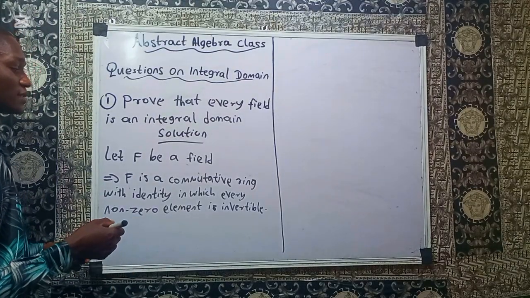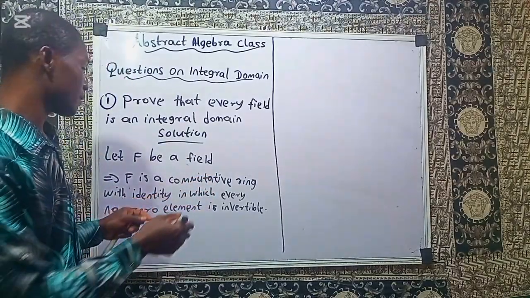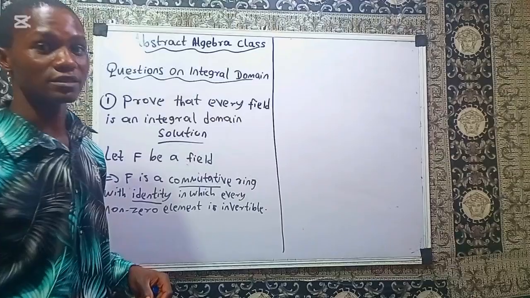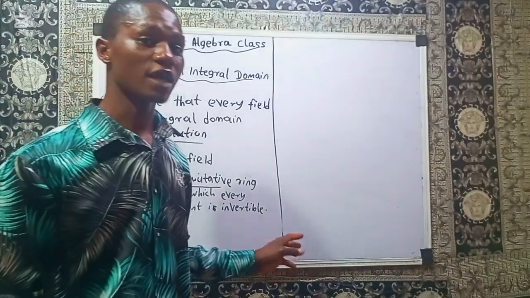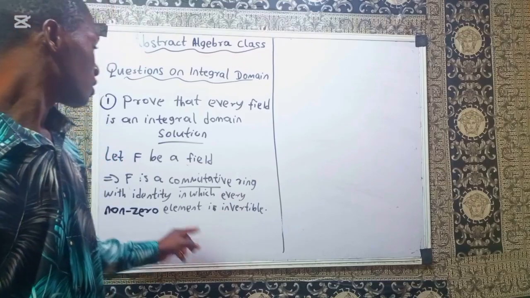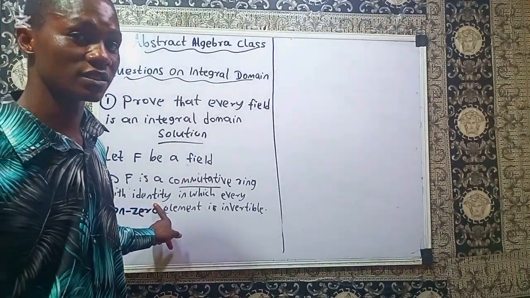So every field already satisfies commutativity and the presence of identity. We know that for an integral domain, the ring should be commutative and should have identity. So the field has already satisfied this commutativity and the presence of identity.